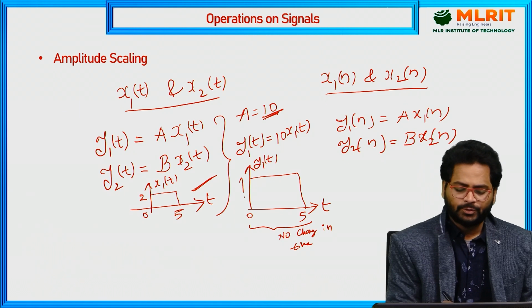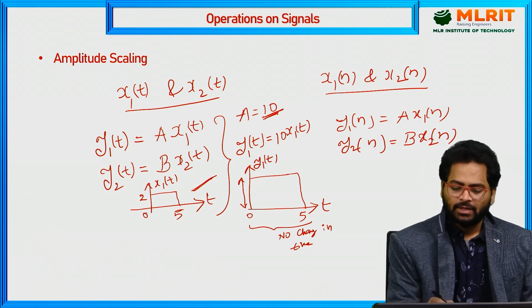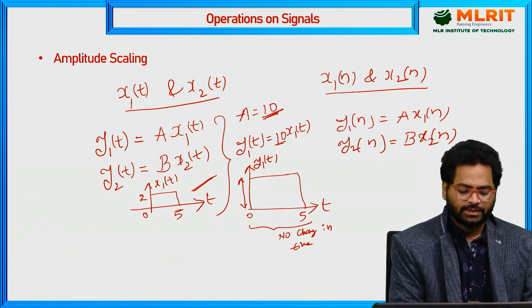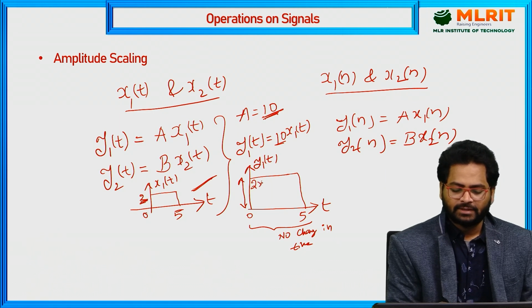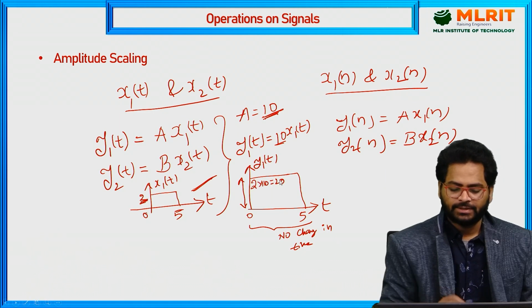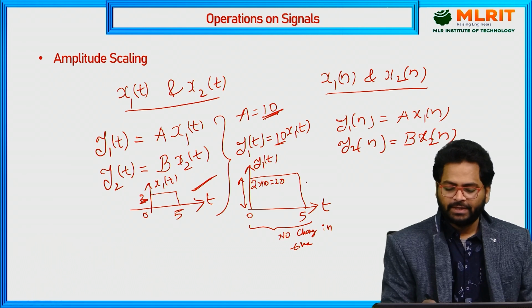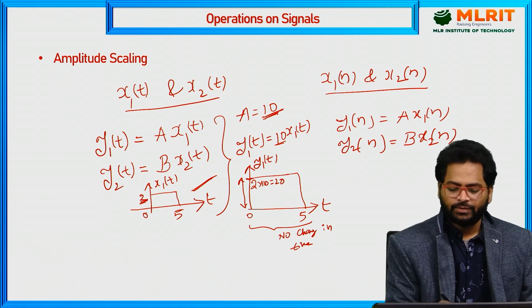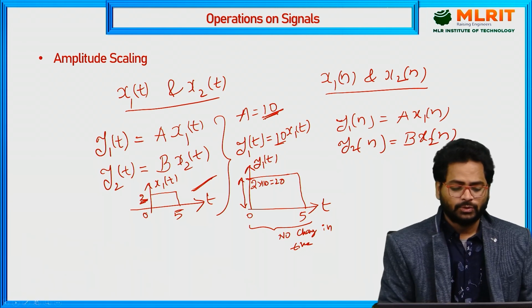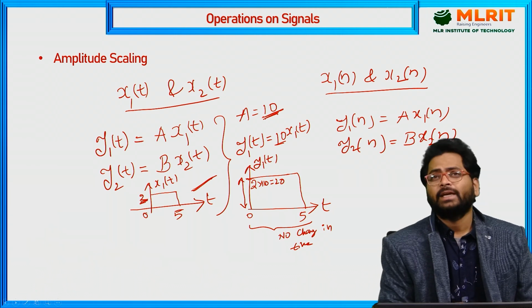But the amplitude is 10 multiplied by the original signal. The original amplitude is 2 units, so 2 into 10 is 20 units. Now y1 of t has an amplitude of 20 units. So this is amplitude scaling in the continuous domain.